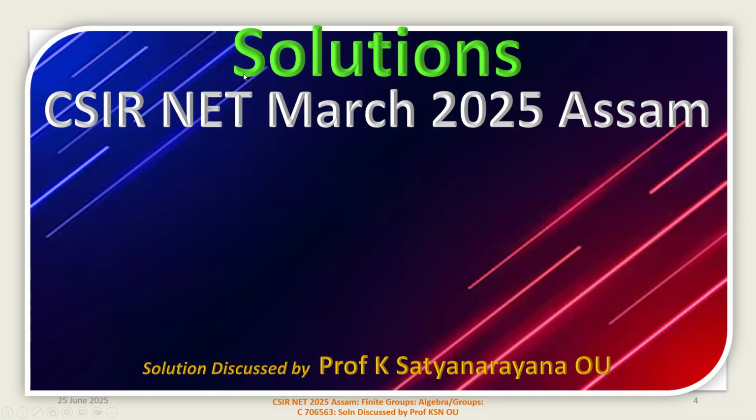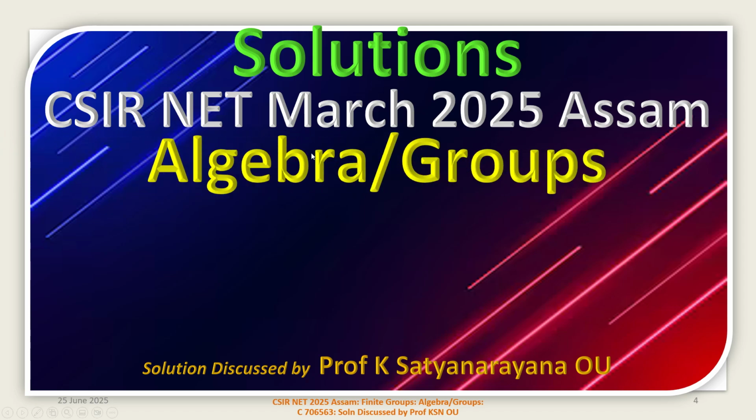We continue the discussion of the solutions of the problems from the question paper CSIR National Eligibility Test held in the month of March 2025. It is a rescheduled examination for Assam Center. In this video, we discuss the solution of a problem from the section Algebra, in particular from group theory.